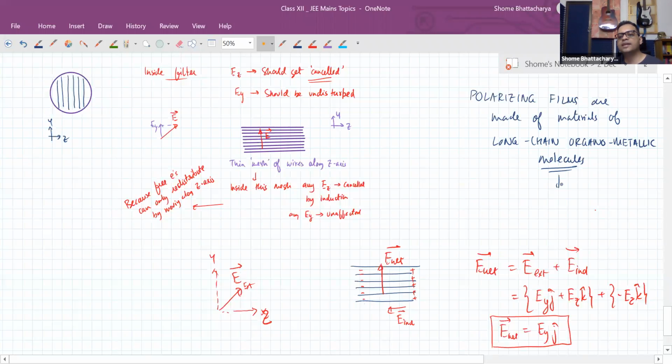These molecules act like the mesh, and electrons in the outermost orbits act as free electrons.